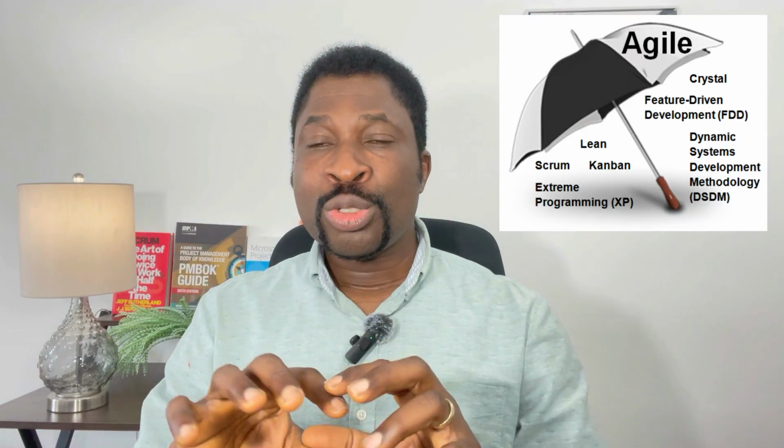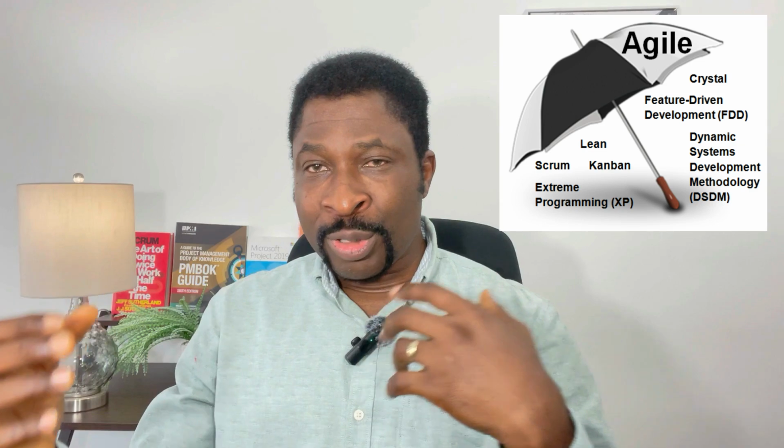So I said Agile is an umbrella, and we have different techniques under it. The most commonly used is Scrum, so mostly we'll be focusing on Scrum on this channel. We'll be looking at diverse areas of Scrum, and also we'll look at the waterfall aspect of project management. I'll quickly say two things about Scrum.